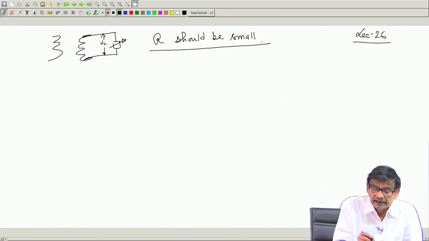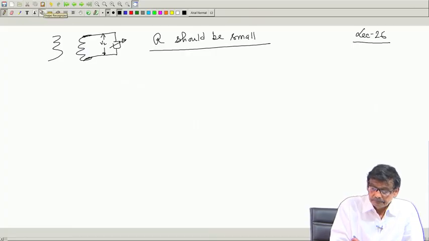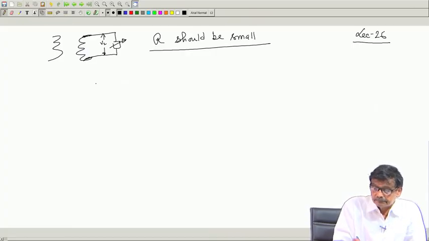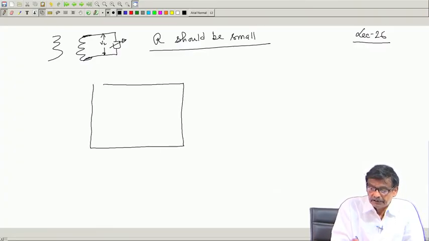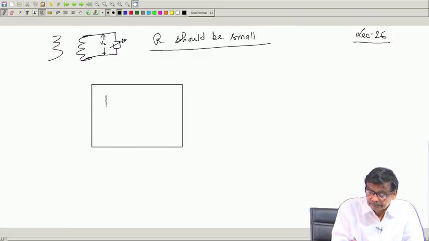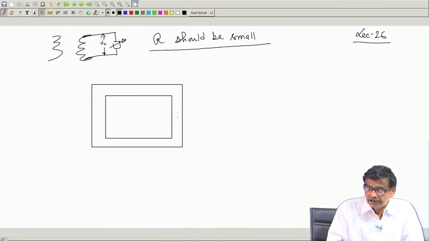Recall that a transformer, for example, suppose you have a transformer like this, and as I told you, the windings are wound on the limbs, and this horizontal portion is the yoke.